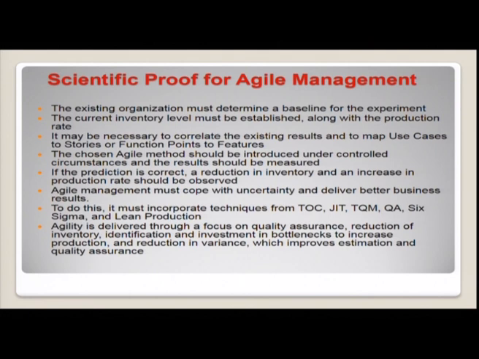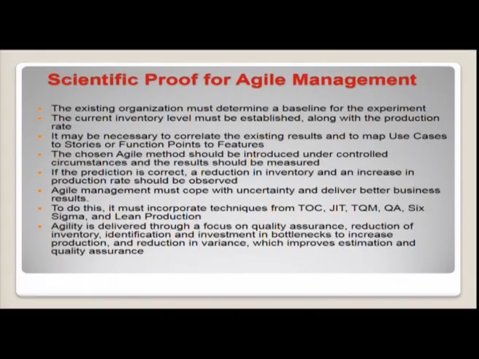The chosen agile method should be introduced under controlled circumstances and the results should be measured. If the prediction is correct, a reduction in inventory and an increase in the production rate should be observed. Agile management must cope with uncertainty and deliver better business results.